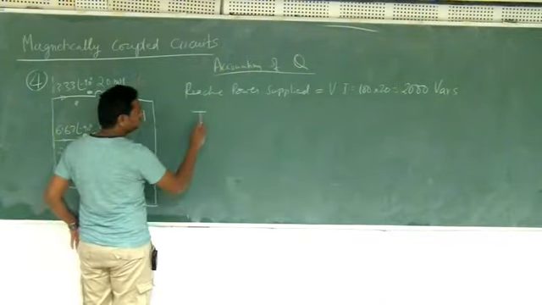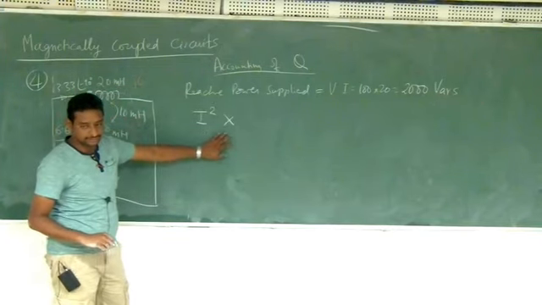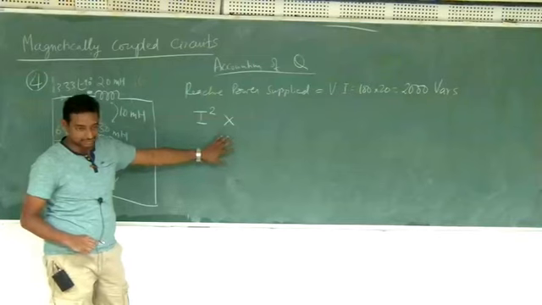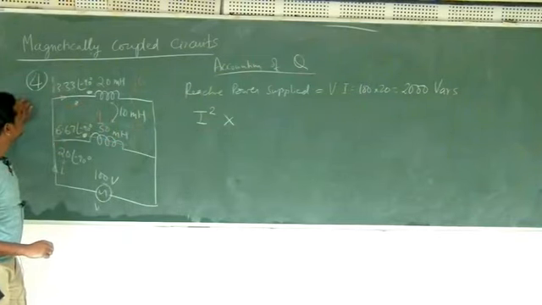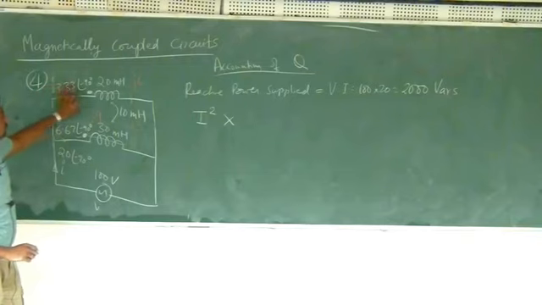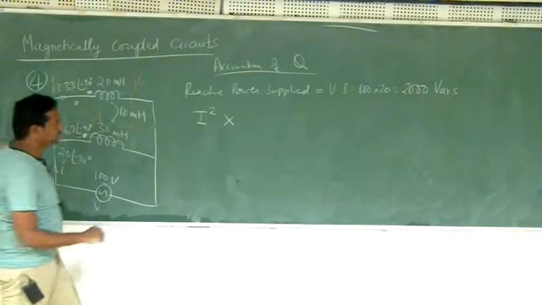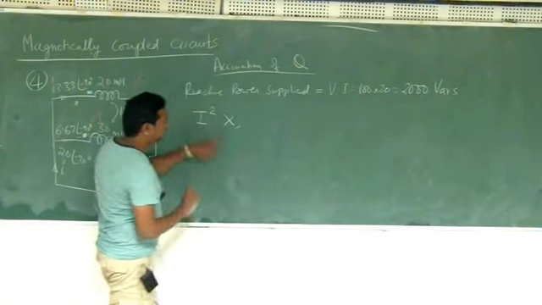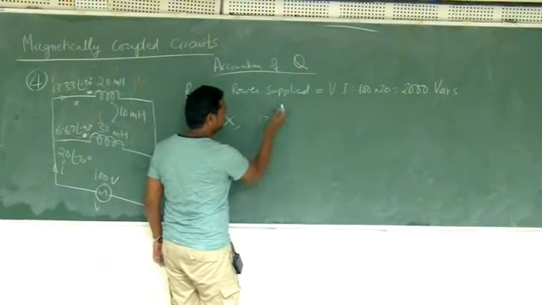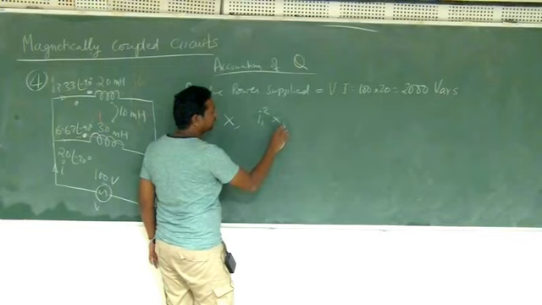What is I square into X? Current square into reactive, this is nothing but reactive power. If you do I square into X here, what happens? 13.33 square into J6, what do you get? I'm doing all the I square into X. I'll write it I1 square into X1.